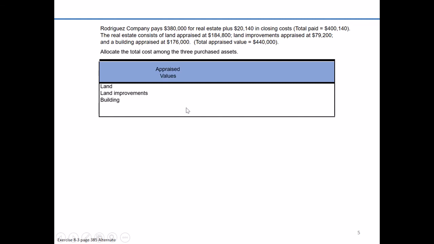So for example, if land was purchased on its own, if we could separate these out and it wasn't a lump sum or bundle purchase, we would have paid $184,800. The land improvements, we would have paid $79,200, and the building would have been valued at $176,000 if we could purchase it on its own.